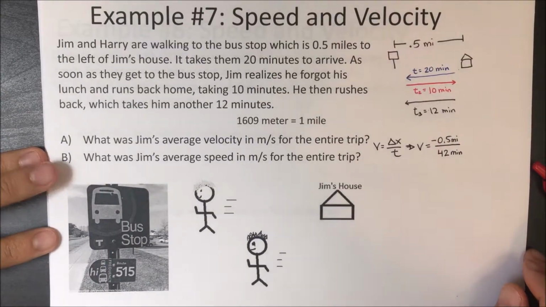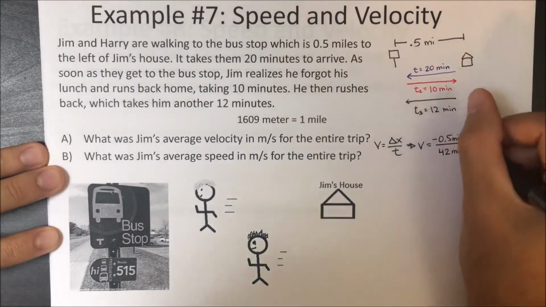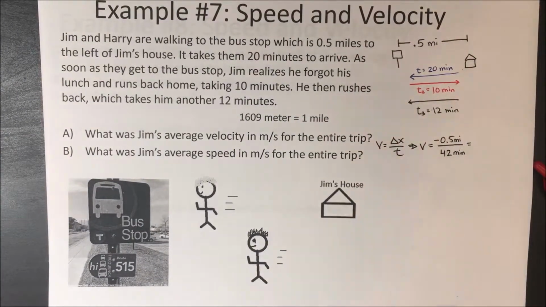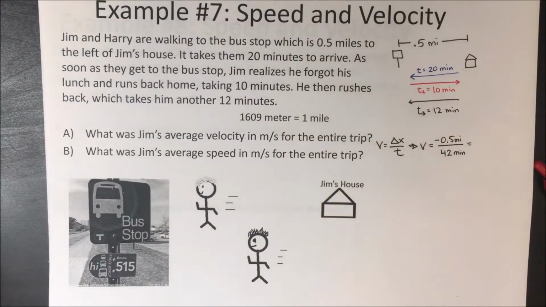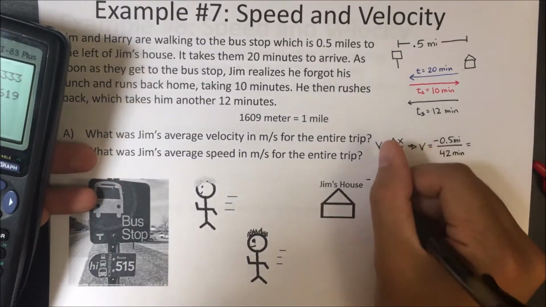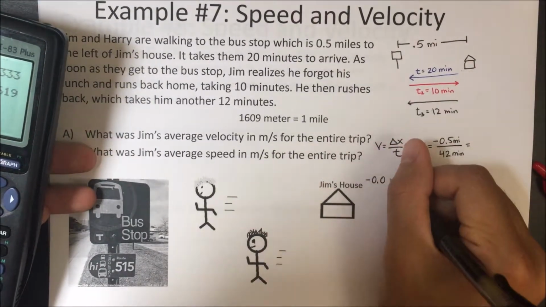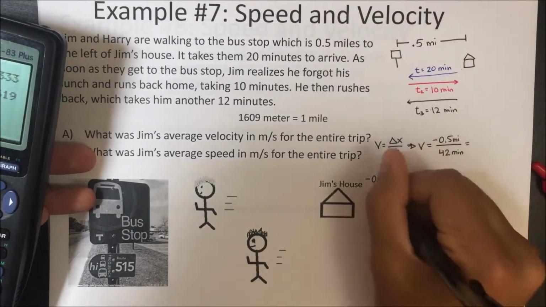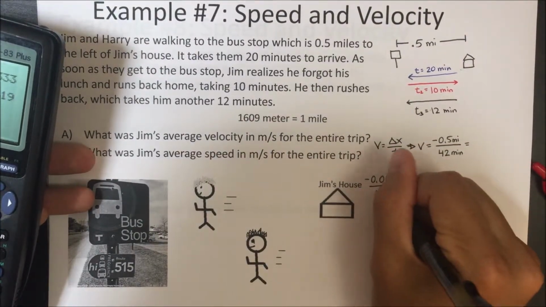Okay, so let's find out what this unit is. We get negative 0.5 divided by 42 minutes. So we get negative 0.0119 mile per minute.